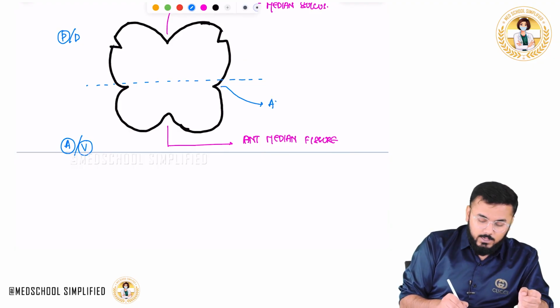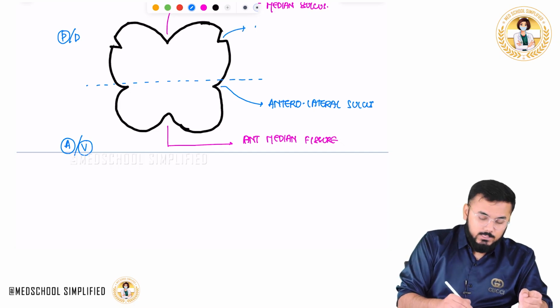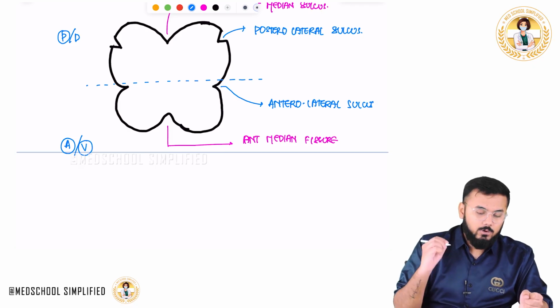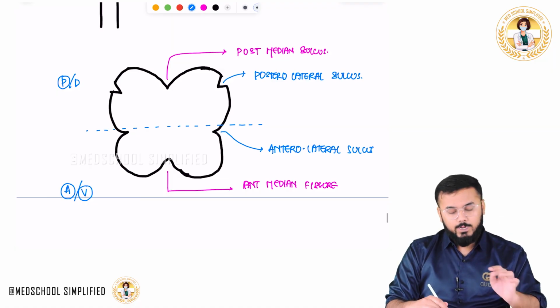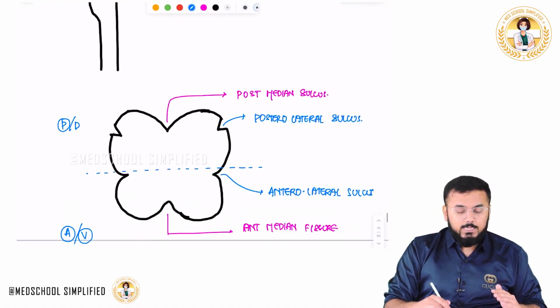This structure over here is called the anterolateral sulcus, and this structure over here is called the posterolateral sulcus. These are the four important structures which you can see on the cut section.